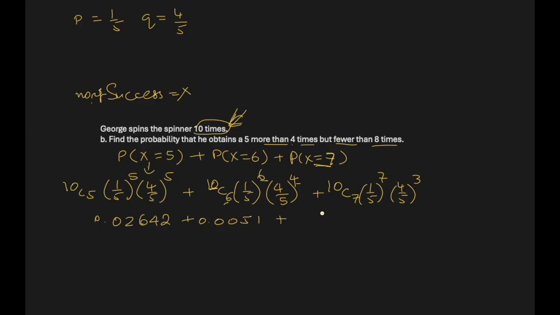And then we have this one, 0.000786. So if I add these up, I get 0.0323. This is the probability that he gets success more than 4 times and less than 8 times.